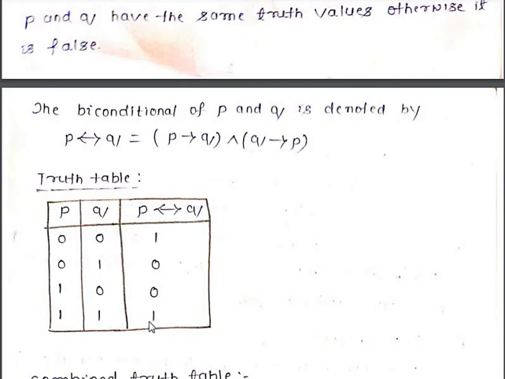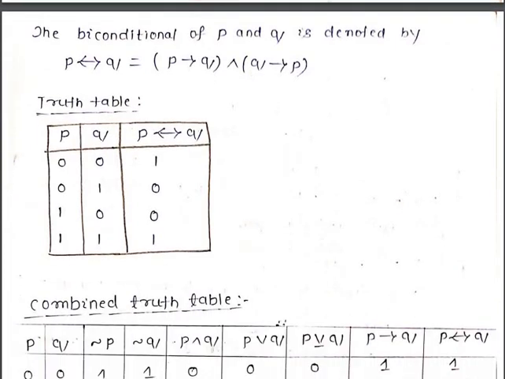P biconditional Q is also equivalent to P implying Q and Q implying P. That is when both ways it is true. So P conditional Q and Q conditional P, that is the meaning. You can represent it in this way as well.